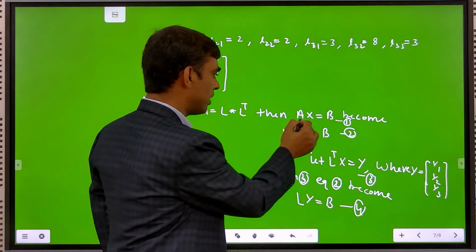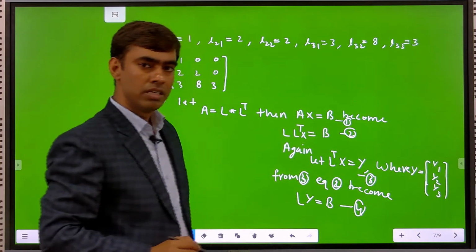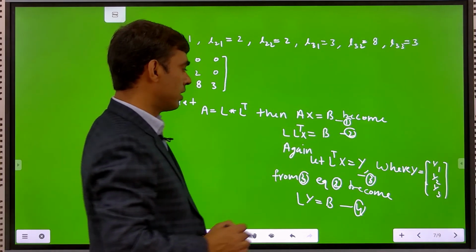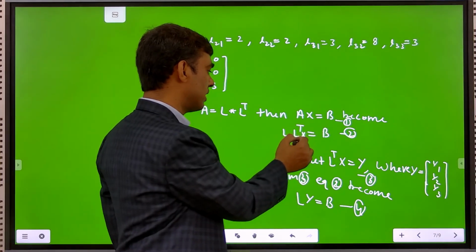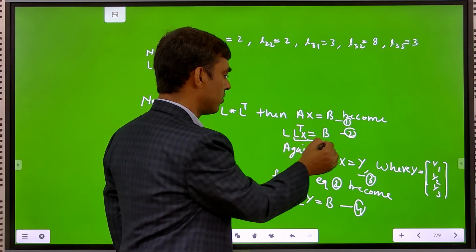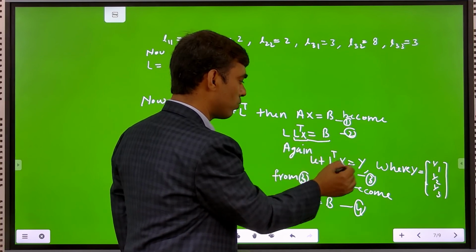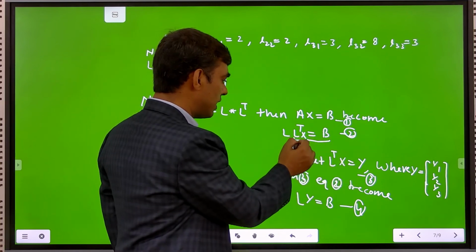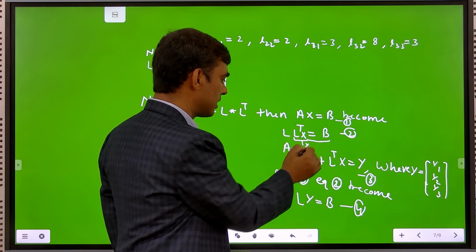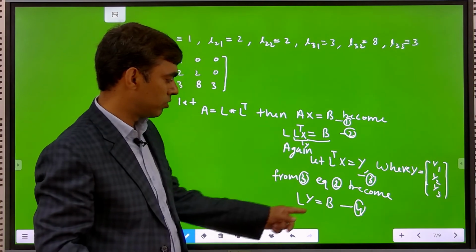So we put A equal to L into L transpose in the given system of linear equations in matrix form. Then we assume that L transpose X equals Y. If we put L transpose X equal to Y, then LY becomes V.